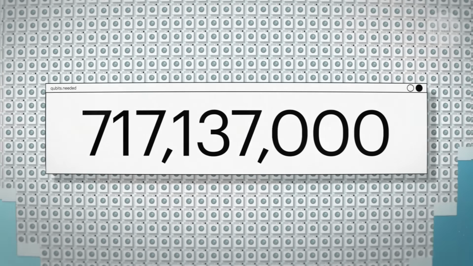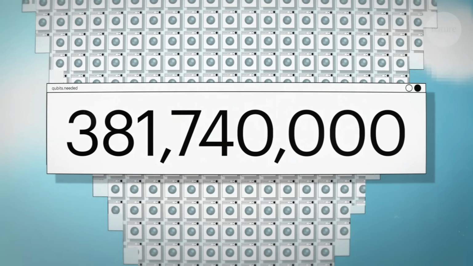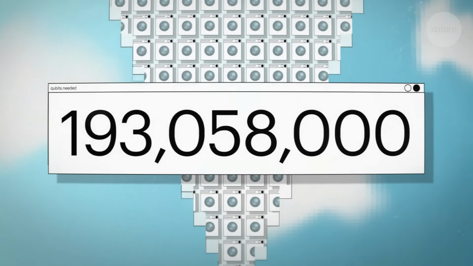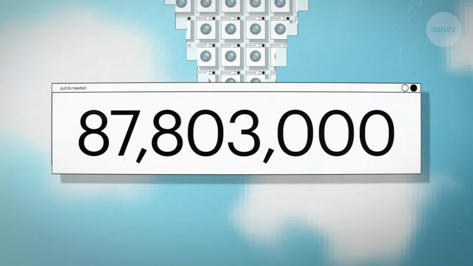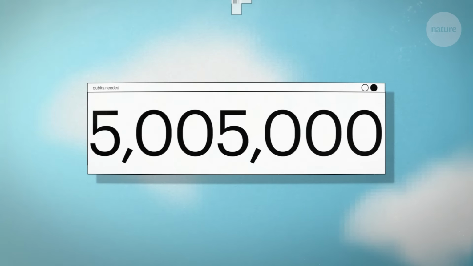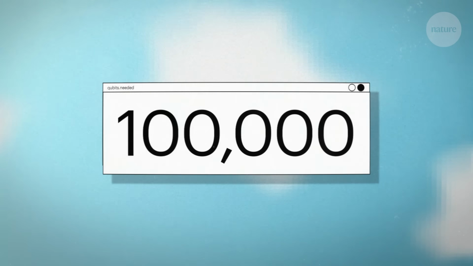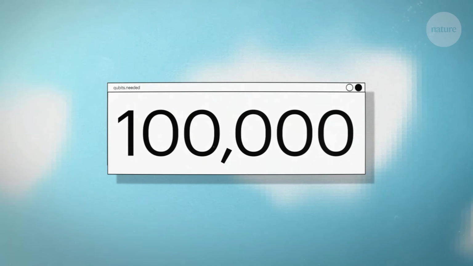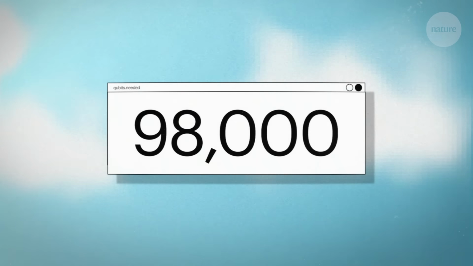Developments like these have already seen the number of physical qubits needed for the most exciting applications drop by roughly an order of magnitude every 5 years. Recent breakthroughs have shown that just 100,000 qubits could be enough, or even fewer. This improved efficiency could mean that it will take a much smaller number of qubits to make a fully error-corrected quantum computer. In fact, these machines could be here in the next 10 years.